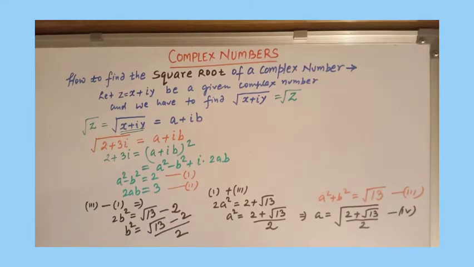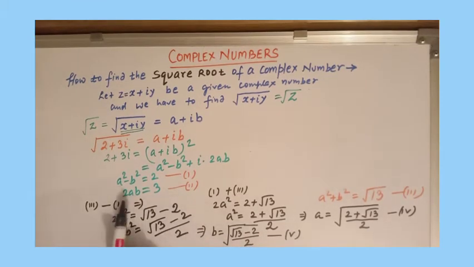Clear? Now b can be written as b is equal to square root of (square root of 13 minus 2) divided by 2. Clear? And let us say this is equation number 5.